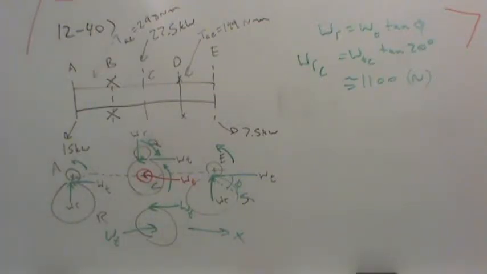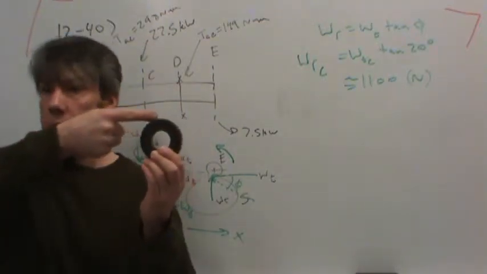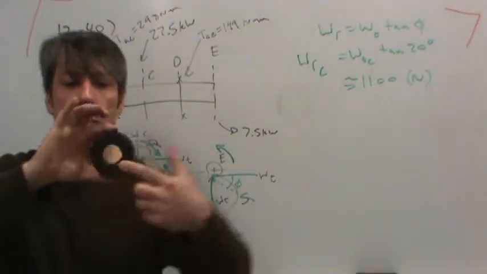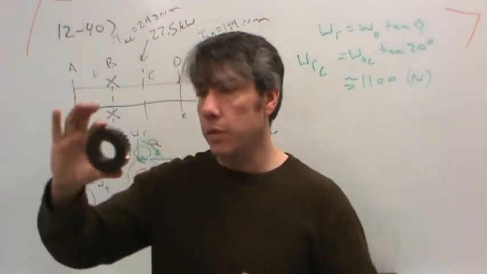Oh, hang on. This would be good to put on the video. Okay, so here's a gear. The tangential load I'm talking about is a load like this. The shaft will have to apply a load like this. Otherwise, the gear will rotate, or it will accelerate.